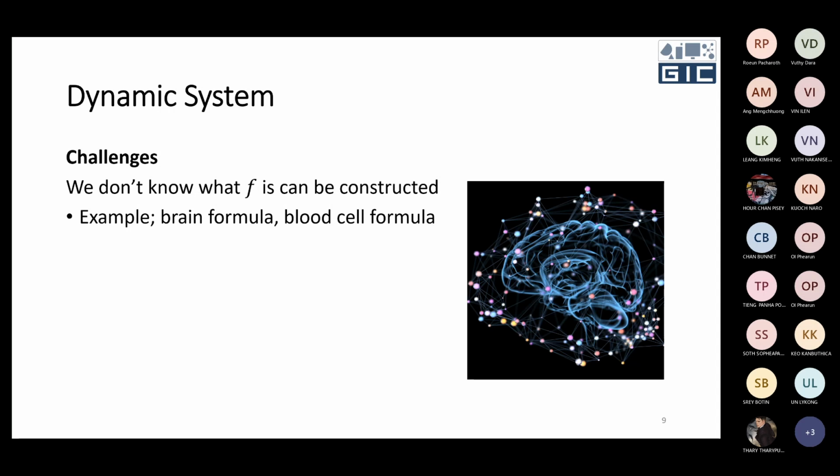But if I focus on this image, it is the brain mechanism, which you cannot represent by any mathematical formula, but you can understand the concept and convert it to other things. So this is the first challenge in dynamic system theory, because you do not know how to construct the f function in our system.